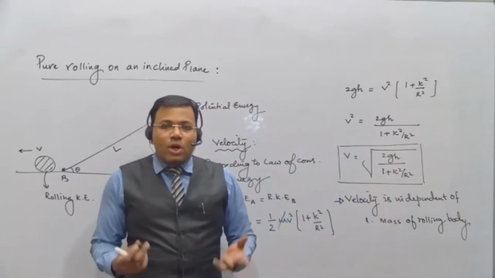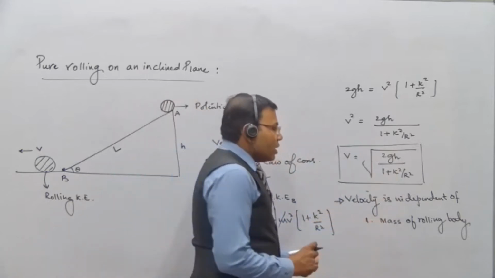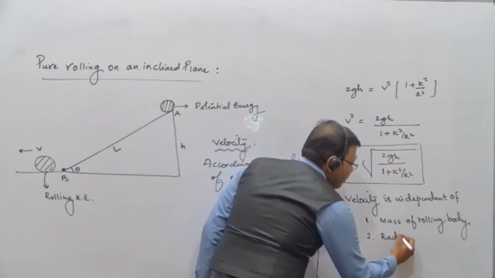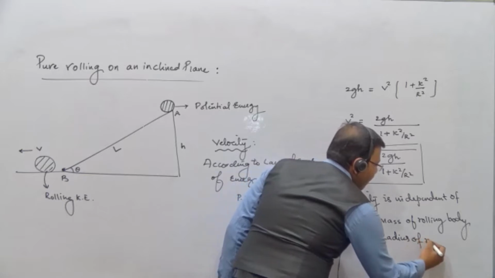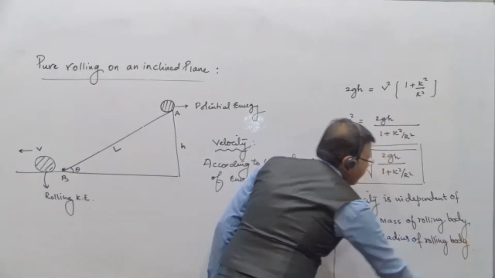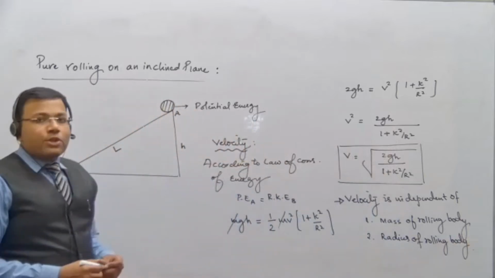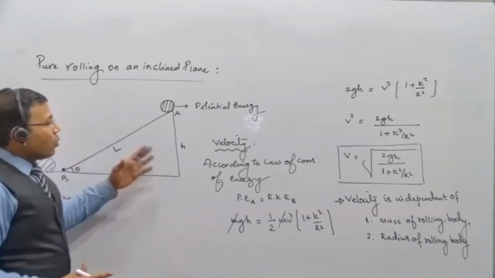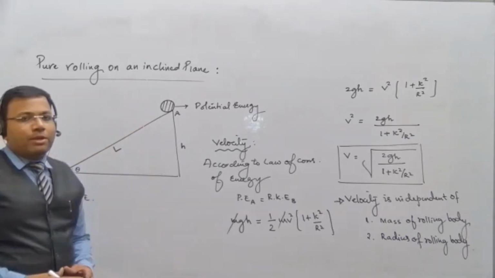So therefore, it is independent of the mass of the rolling body as well as the radius of the rolling body. So I hope you have understood how to get the expression for the velocity of the rolling object on an inclined plane.